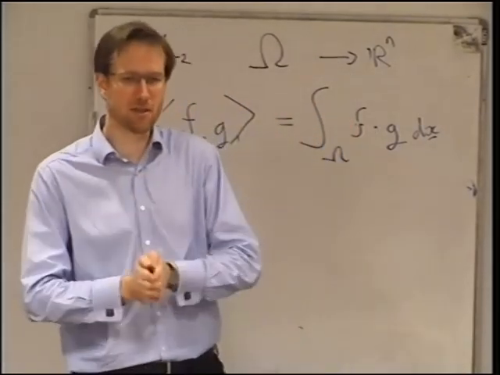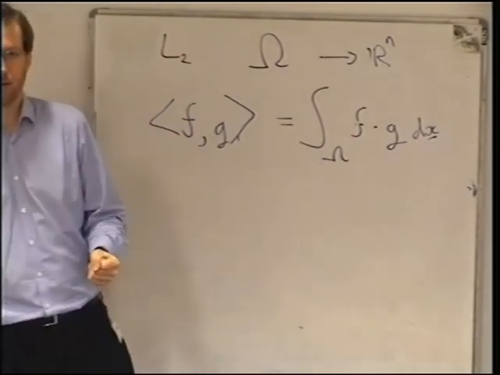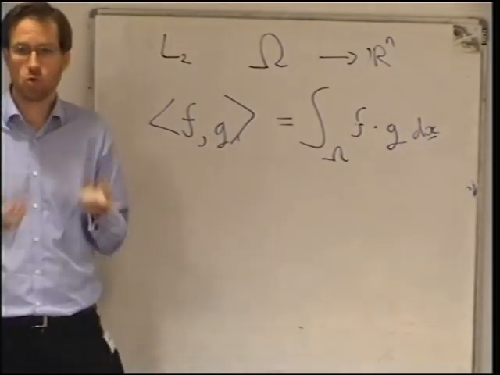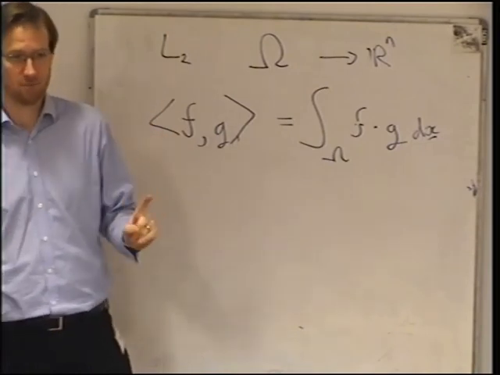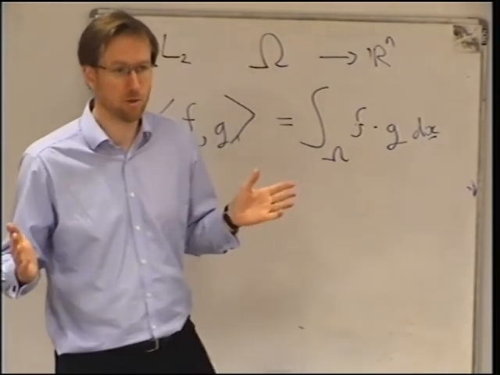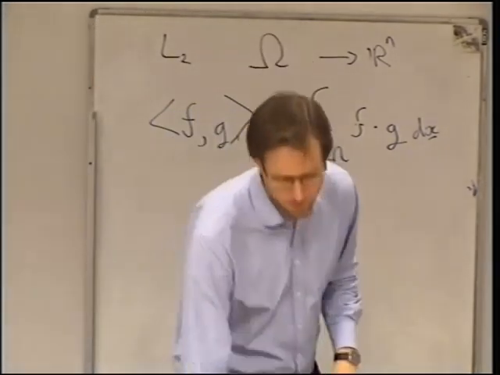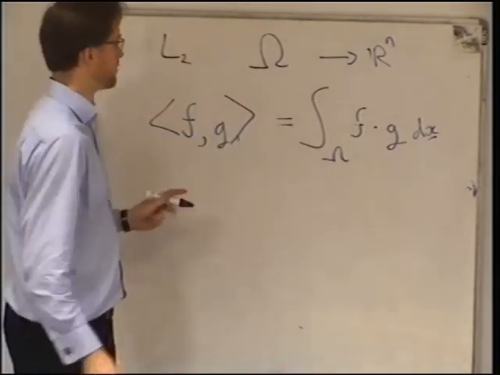So the next thing that we know we can do with normal vectors in Rn is we know how big they are. We haven't talked about that at all. Right? We haven't yet talked about how long a vector is. But we know that in Rn we can do that. And we've got a formula for it in Rn, which is we take the sum of the squares of the components, right?